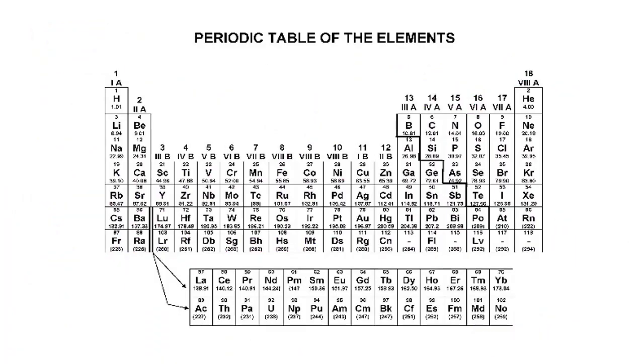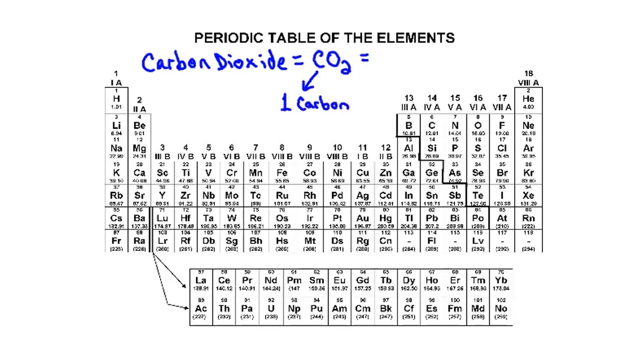Okay, so let's take another example. Let's take carbon dioxide, which is CO2, which means that if you take 1 mole of carbon and 1 mole of O2, then you're going to get CO2.